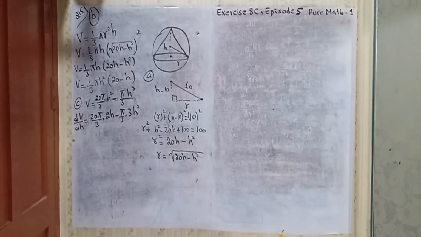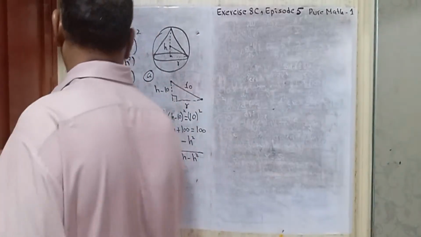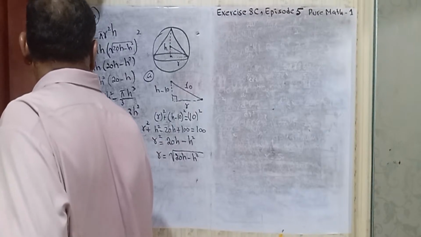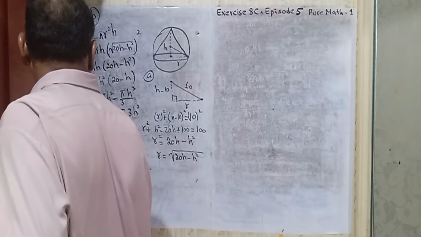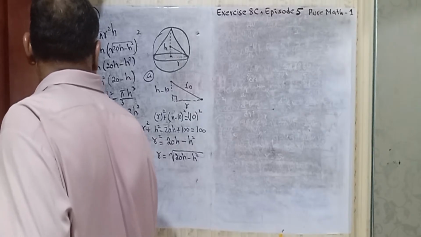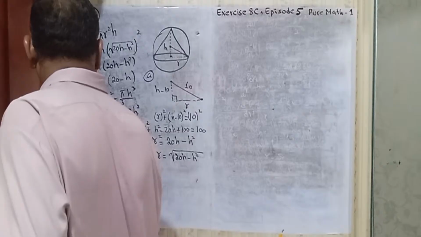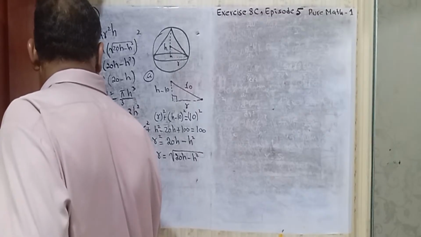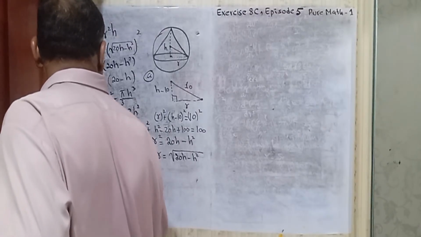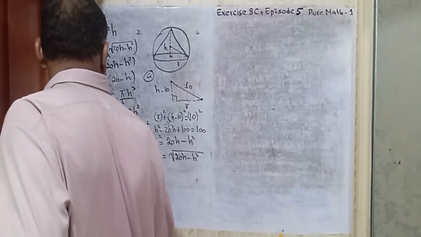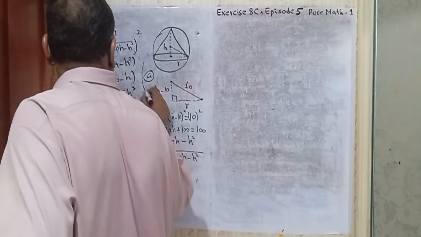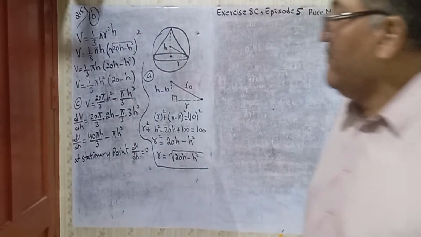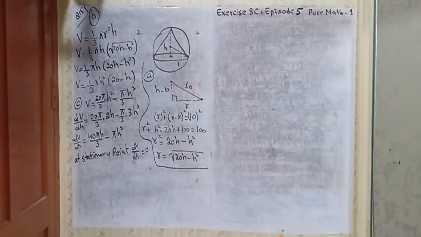So this is my first derivative. Let me simplify this. dV by dh is equal to 40 pi h by 3 minus pi h square. At the stationary point, this should be 0. dV by dh should be 0. So I will make it equal to 0, and from there I can find the value of h.